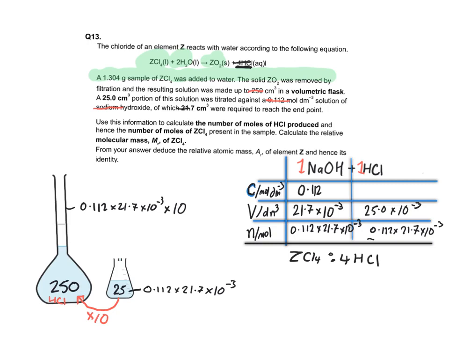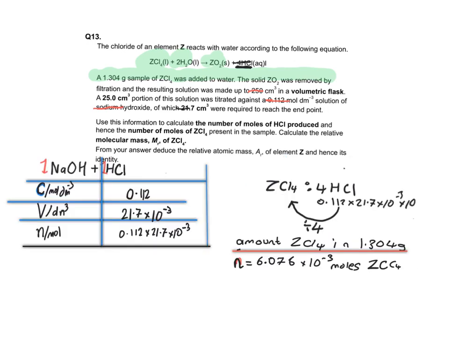So therefore it follows, if we know that the amount of HCl is 0.112 times 21.7 times 10 to the minus 3 times 10, then the amount of ZCl4 is going to be exactly the same but divided by 4 moles.